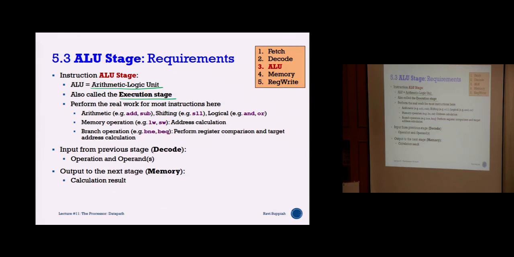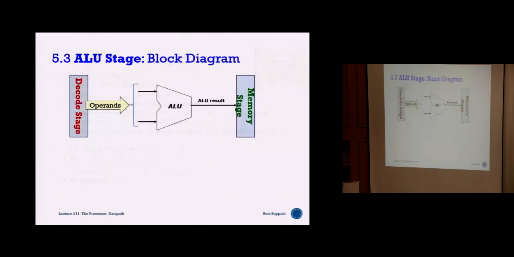Now let's look at what we're going to do in the ALU stage. For your ALU to work, basically you need to supply it with two inputs, correct? And you need to tell the ALU what to do, correct? From the decoder stage, you already have the two operands.